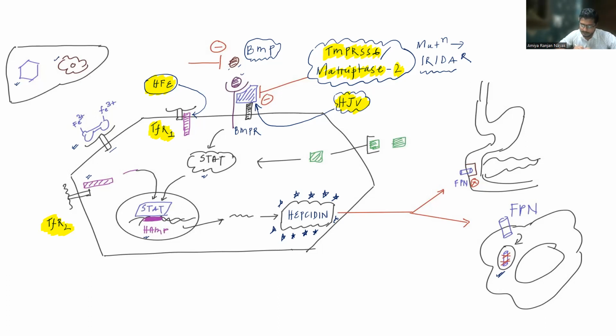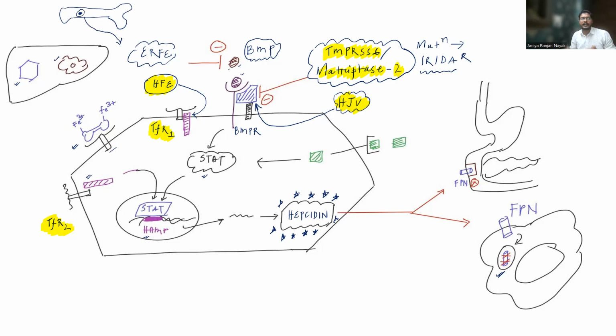Okay. And one more point. I have told you previously, when I discussed thalassemia, that whenever there is excessive erythropoiesis, the developing erythroblasts will produce a substance known as erythroferron. Erythroferron can inhibit hepcidin production. But what is the exact mechanism? As you can see, this is the developing erythroblast, and it can produce this molecule erythroferron.